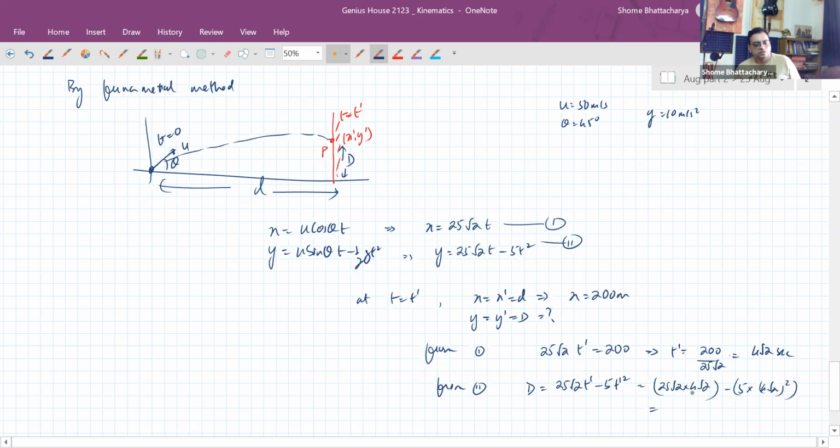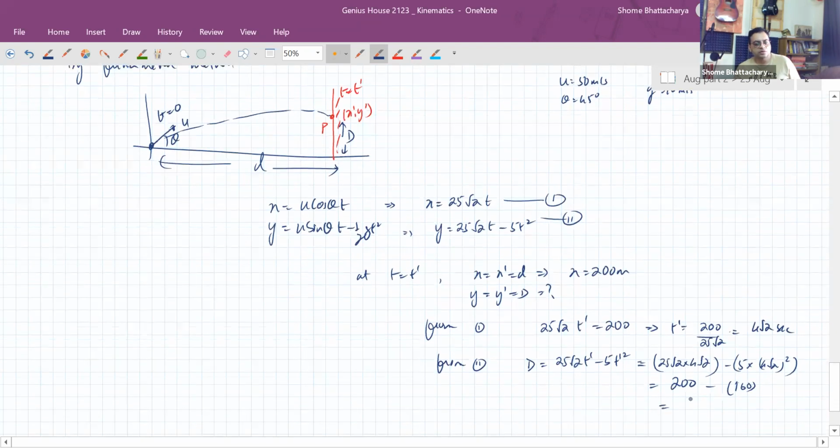So let's see. 25 fours are 100 into 2, so 200 minus 5 into 16 into 2, no? So 5 into 32. So that's how much? 160. So it's 40 meters. So the height at which it's hitting the wall would be 40 meters.